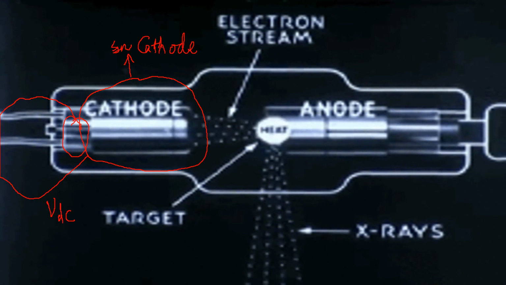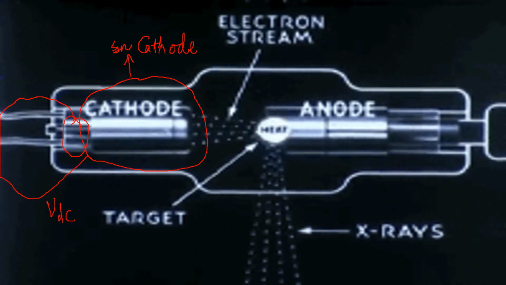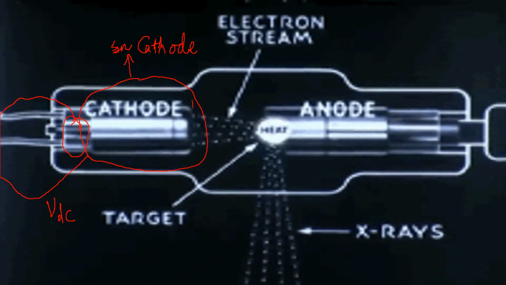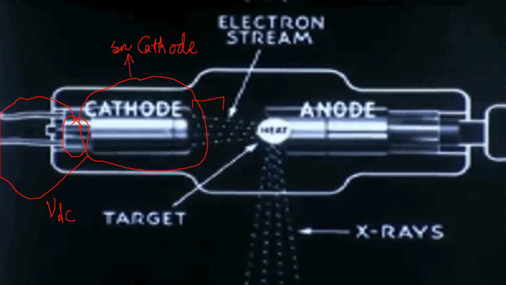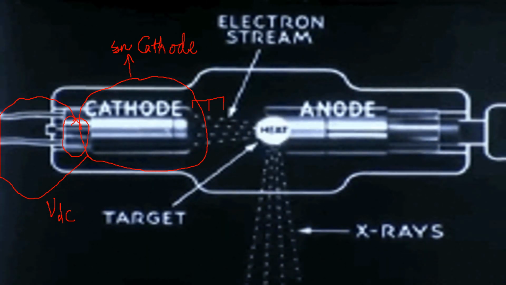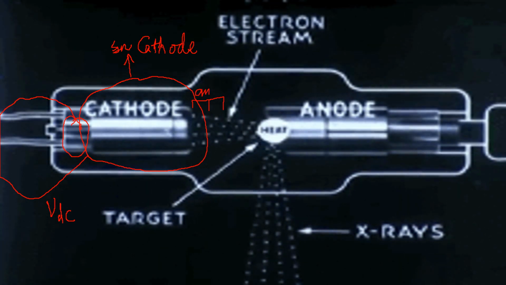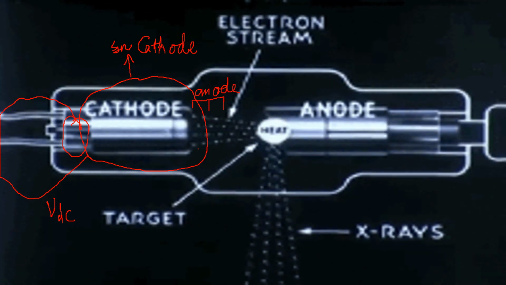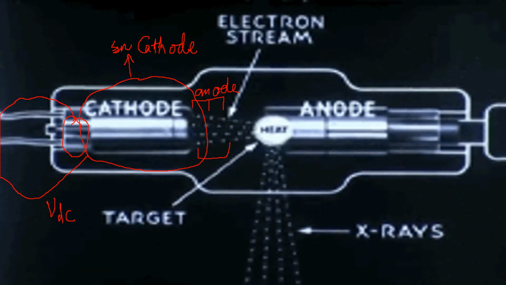For this, a combination of anodes is used with the cathode in the X-ray tube, like this. The anode is known as the accelerating anode. This one is the accelerating anode. Okay, this is the anode, and a combination of anodes is used near the cathode material.